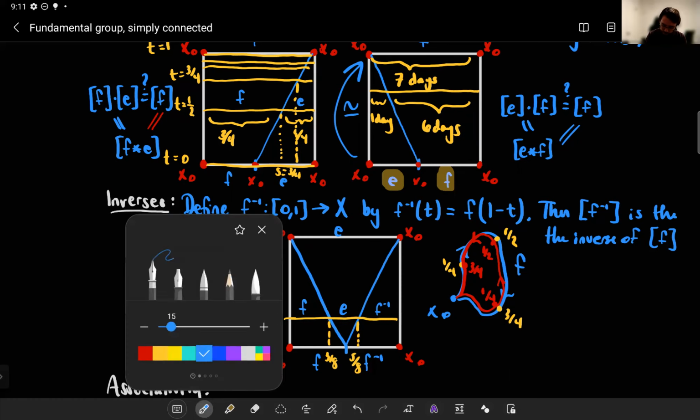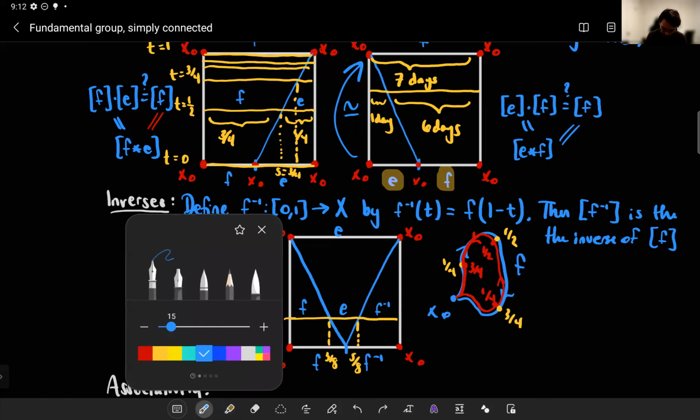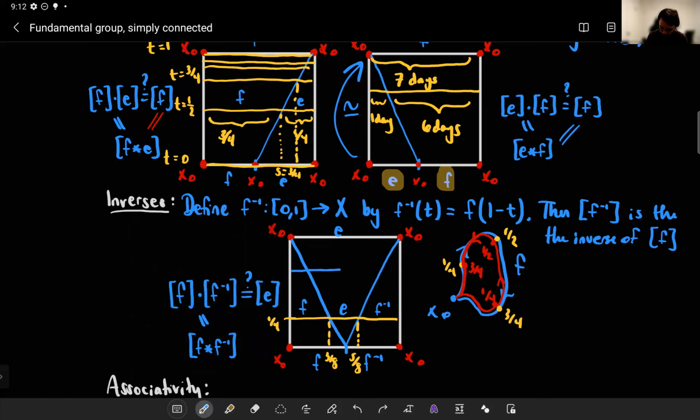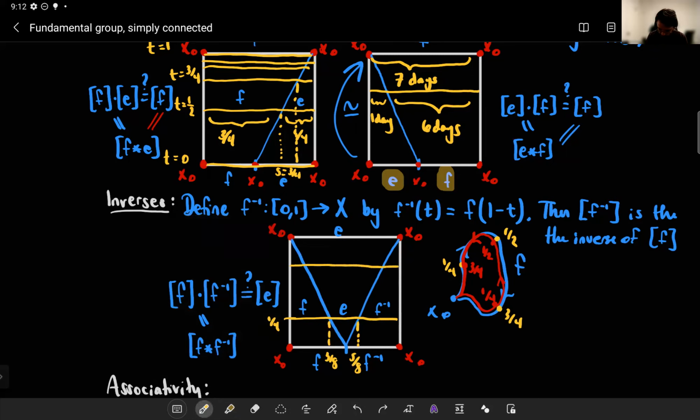This doesn't take me to x0, it just takes me to wherever it got me and then returns the journey. And then I sit at that point doing nothing, and then I undo it. And then similarly, you change little by little in a nice continuous way.